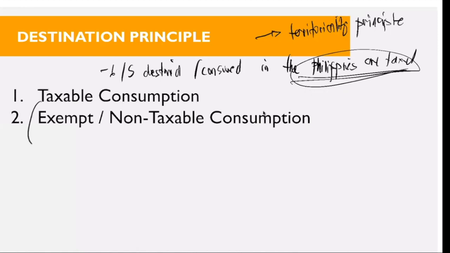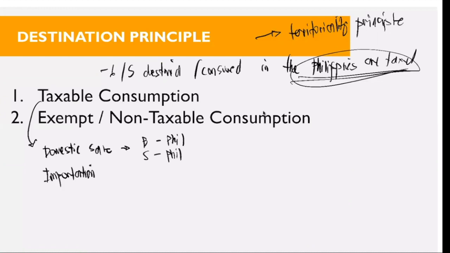We start first with your taxable consumption. Under the destination principle, we can say that the consumption is taxable if we have a domestic sale or an importation. Okay. In a domestic sale, the buyer is in the Philippines and the seller is in the Philippines.